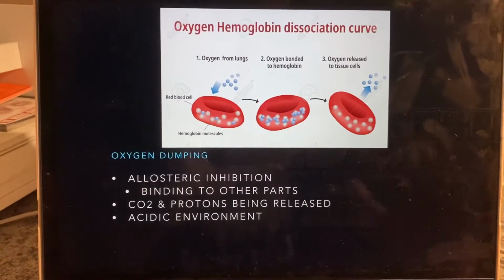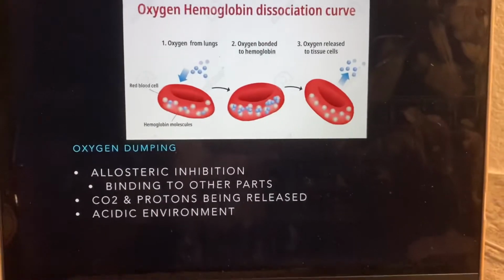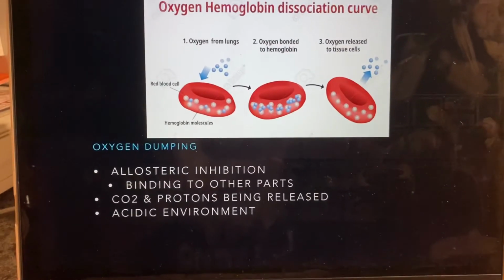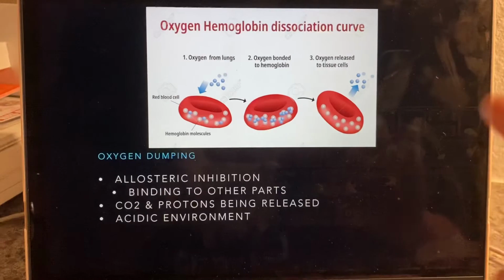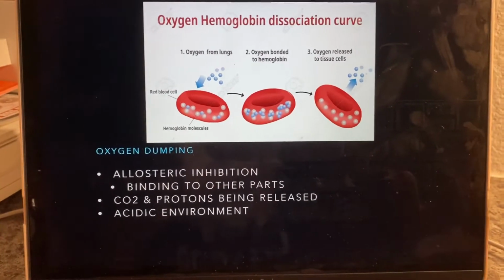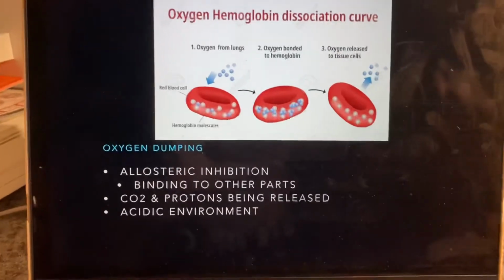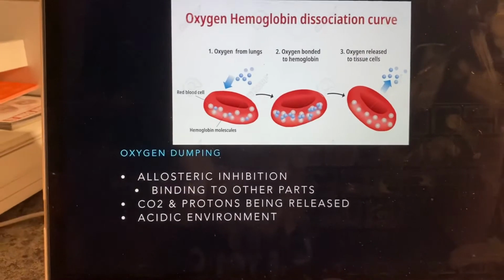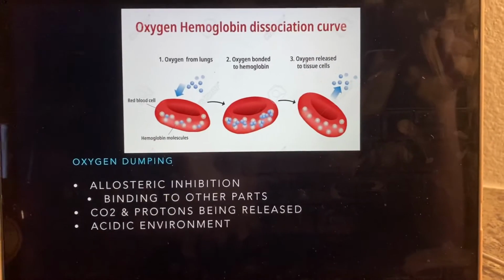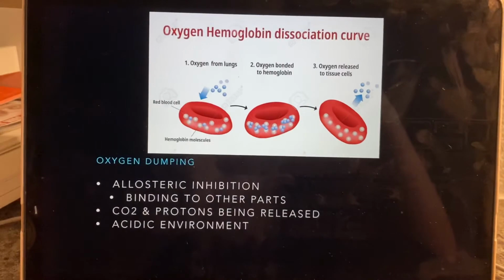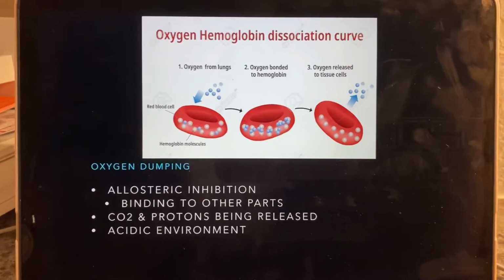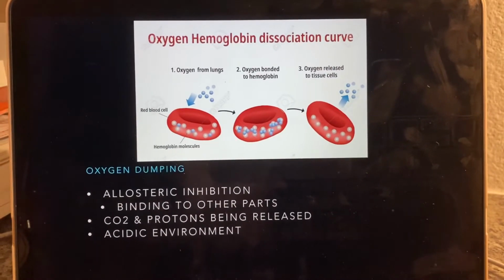The body is saying, oh, hey, we have a more acidic environment. And so the oxygen is like, hey, we're going to go help you out. The red blood cells travel to the muscles that have the more acidic environment, and they distribute oxygen to that area.